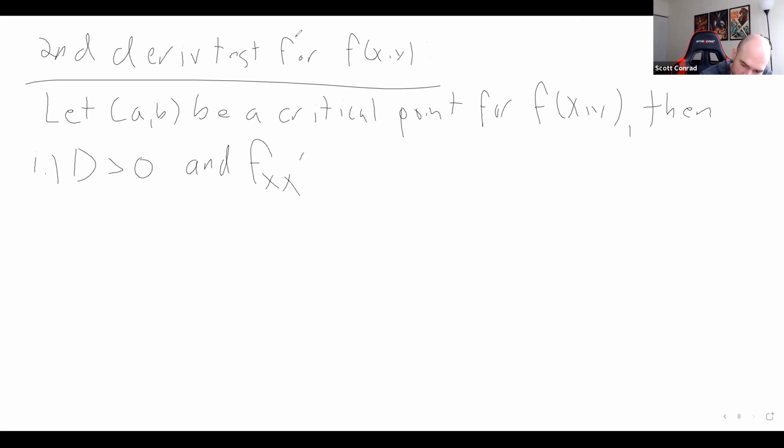If the discriminant is positive and fxx is also positive, then we have a local min at a, b. In other words, f of a, b is the local min value of the function.